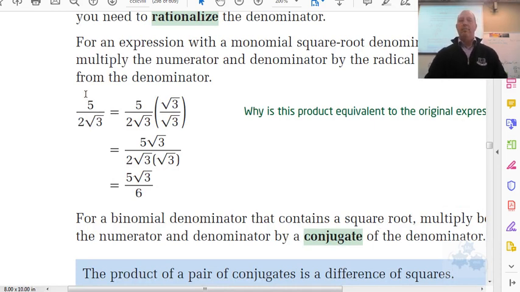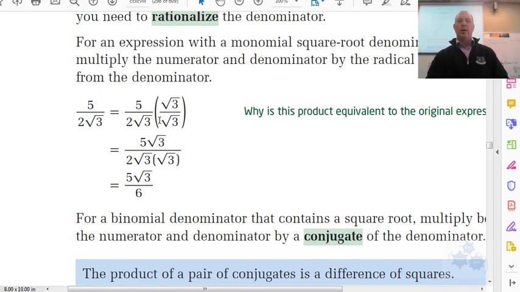So in order for this to be simplified, technically, there shouldn't be a radical in the denominator. So how we do that is we multiply both the top and the bottom of the fraction by the radical part that we see in the denominator. Okay? And so that's what you see done here.